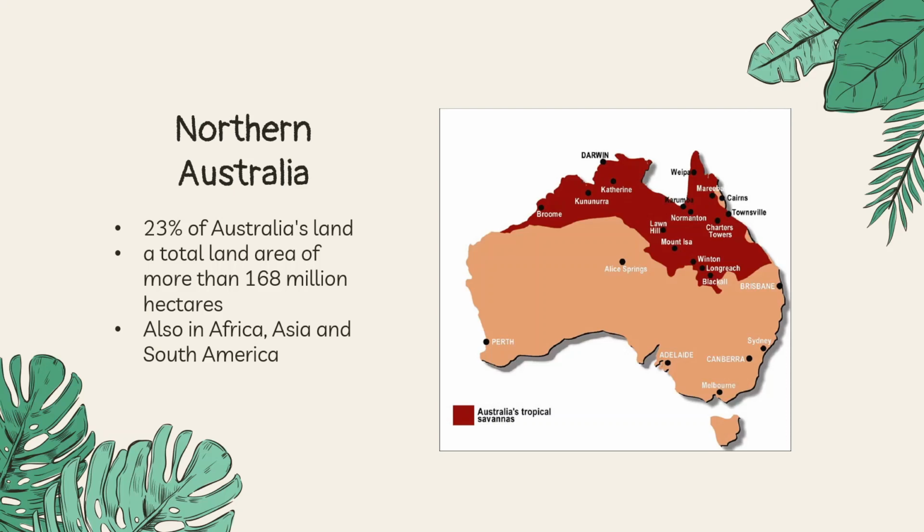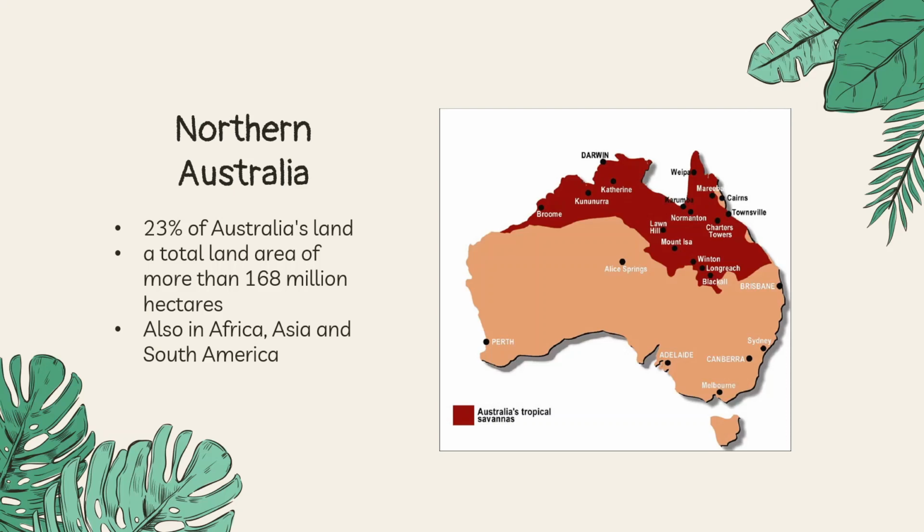Typically, it is very flat, with a landscape made up of small trees and shrubs that create a large open grassland. It has a tropical climate and sees a copious amount of rainfall in the wet season. The Australian tropical savanna has a total land area of more than 168 million hectares, and it includes 6 ecoregions.